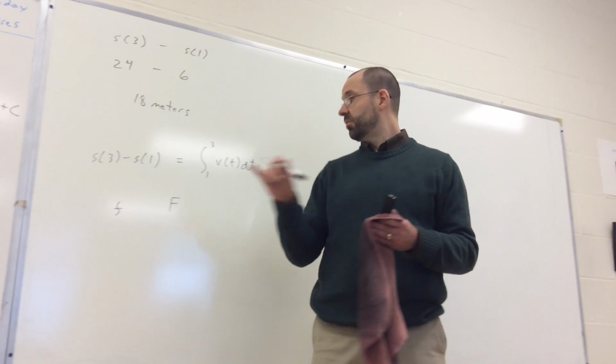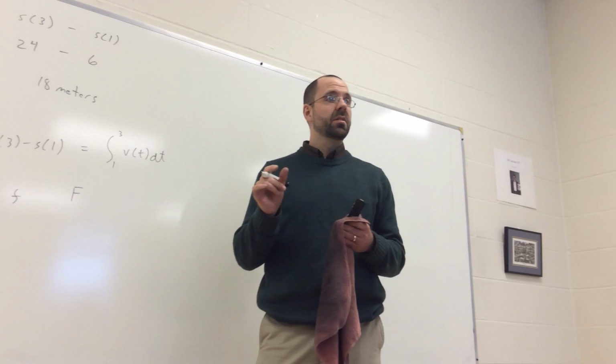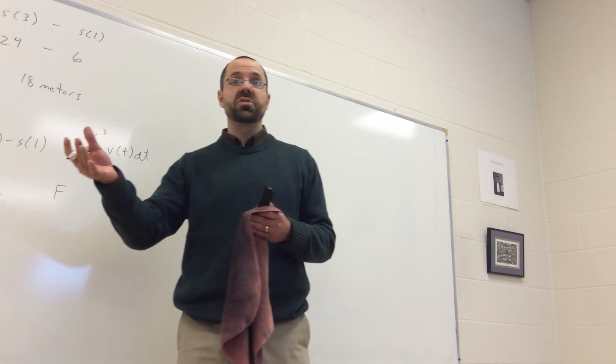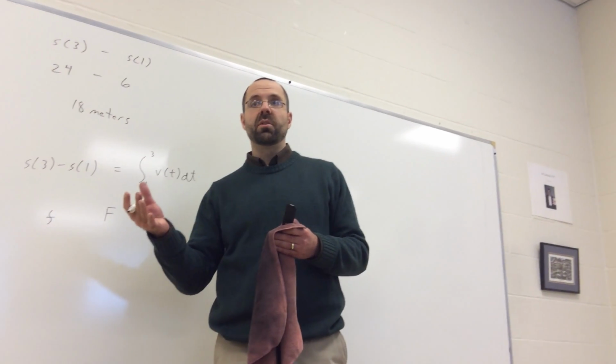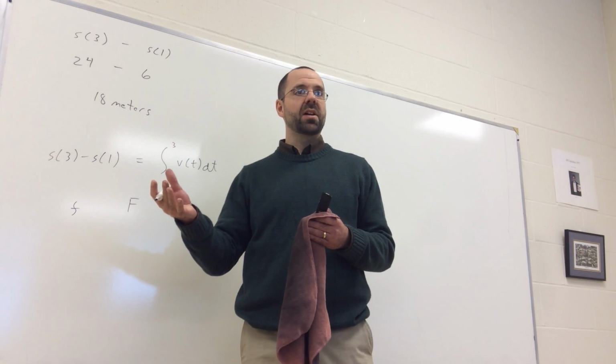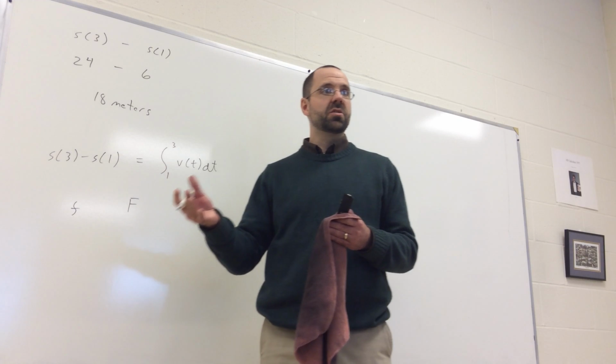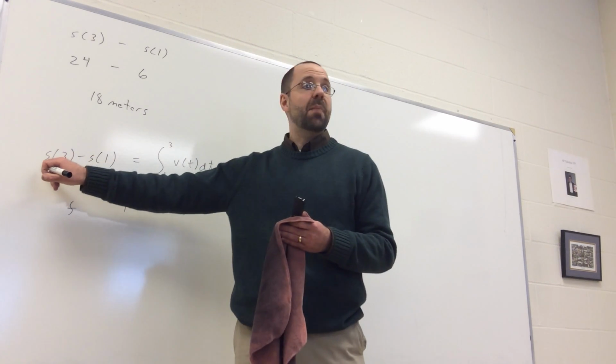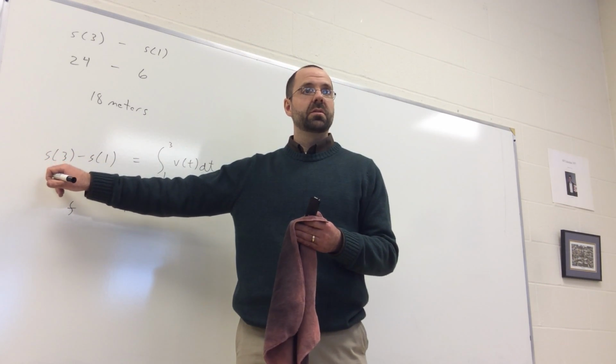So if we have little v represent our velocity, we could have capital V represent the antiderivative of velocity. And what is the antiderivative of velocity? Position. So we could call this s capital V if we wanted to.